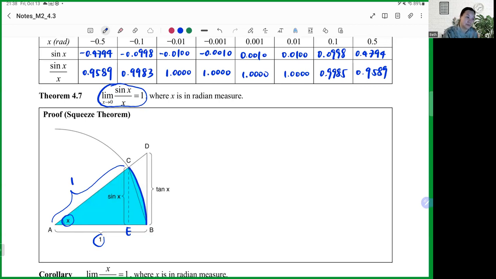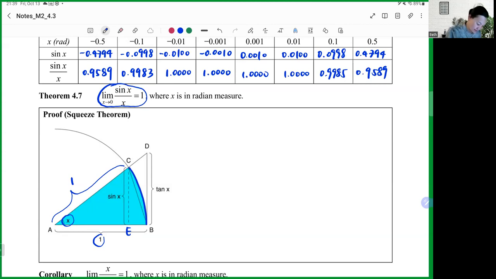Similarly, in triangle ABD, focus on ABD. BD divided by 1, which is AB, is equal to tangent x. That is why BD equals tangent x geometrically. Is it fine?